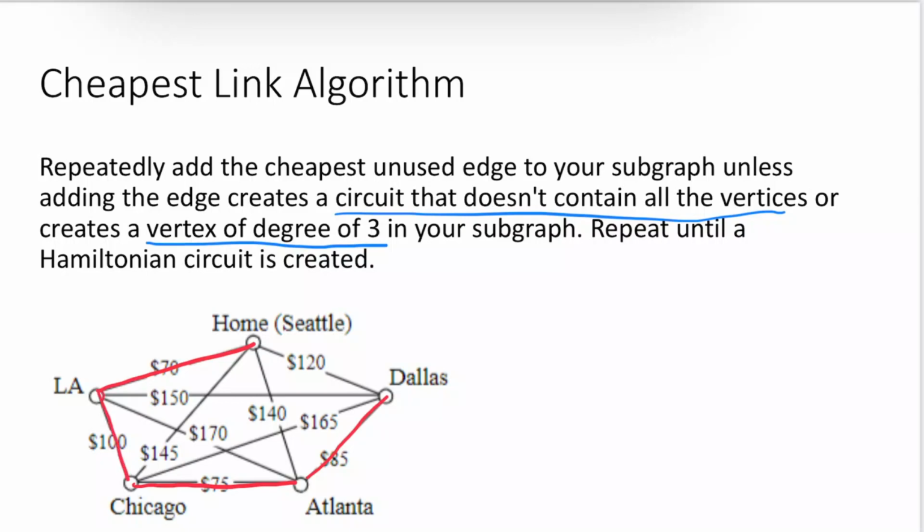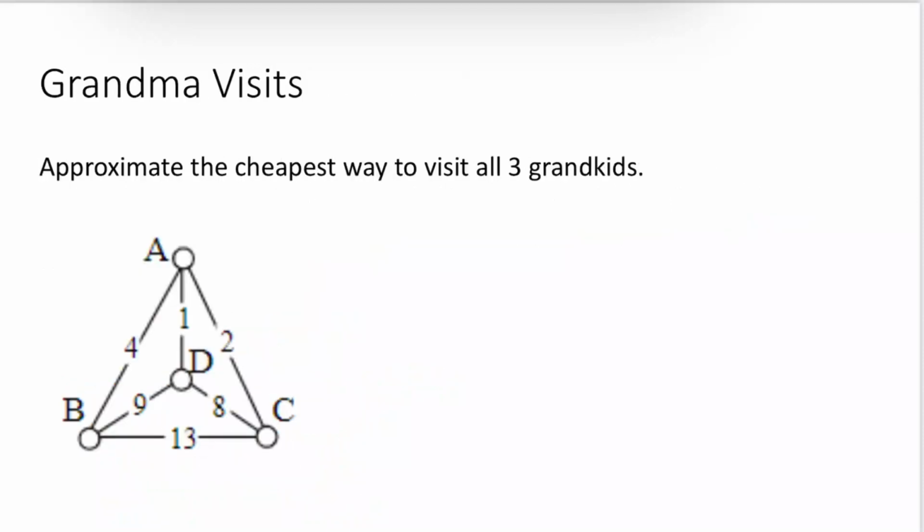And the next cheapest one after that is $120. And so this would be the cheapest circuit based on the cheapest link algorithm. Now, it may or may not necessarily be the absolute cheapest Hamiltonian circuit in the graph, but it's a good approximation. And in this case, it actually does end up being the cheapest circuit, but it may not always be in all cases. So let's do another example.